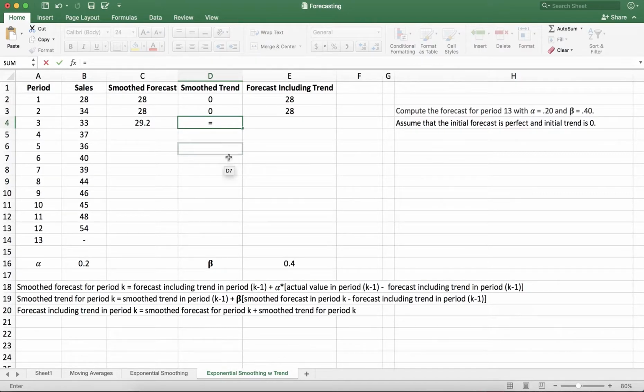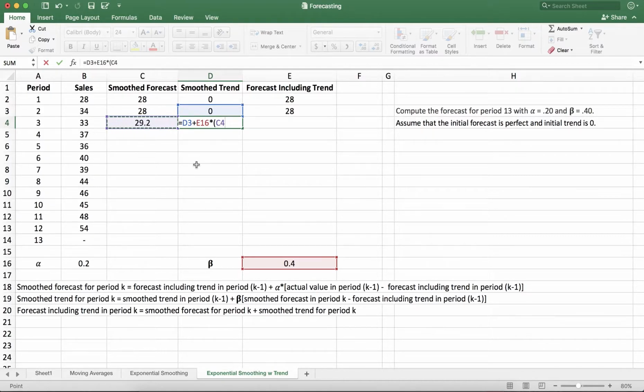So I start immediately calculating the smoothed trend after I finish the smoothed forecast calculation. The smoothed trend for period 3 is equal to the smoothed trend in period 2, which is coming from D3, plus beta, which is equal to 0.4 coming from E16, times this smoothed forecast in this period.